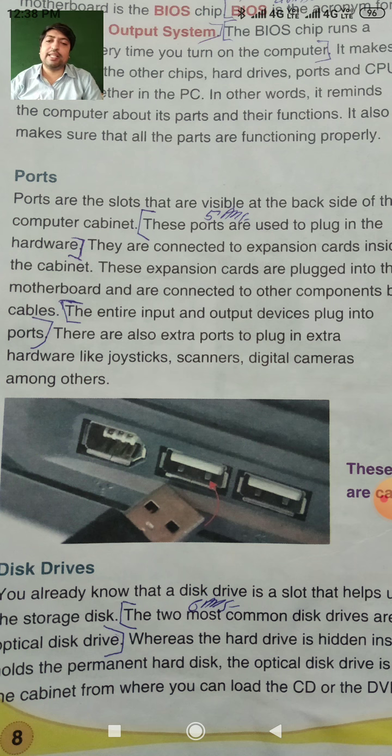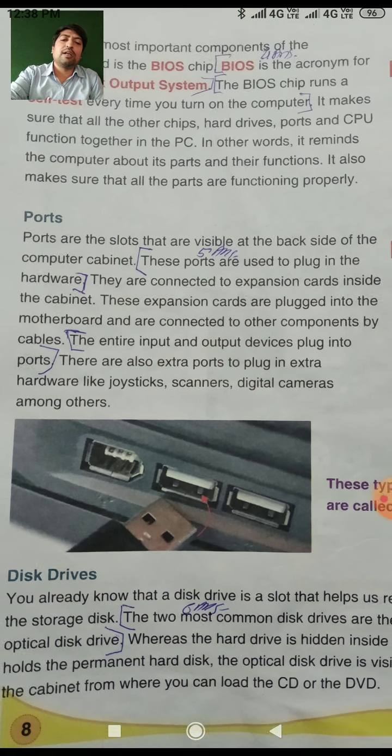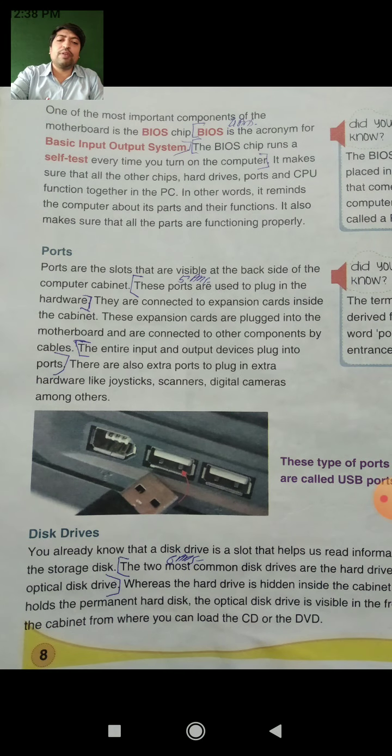We will see another definition, disk drives. Drives are the main thing. Without the driver we can't use any input output devices. If we want to take a print from the computer on the printer, the printer will be an external device connected to the CPU.